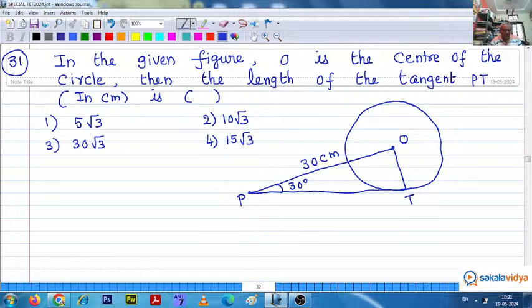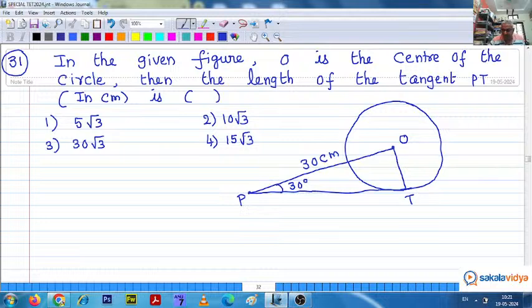Try to solve this question. In the given figure, O is the center of the circle, then the length of the PT we need to find out, and the OP is given as 30 centimeters.